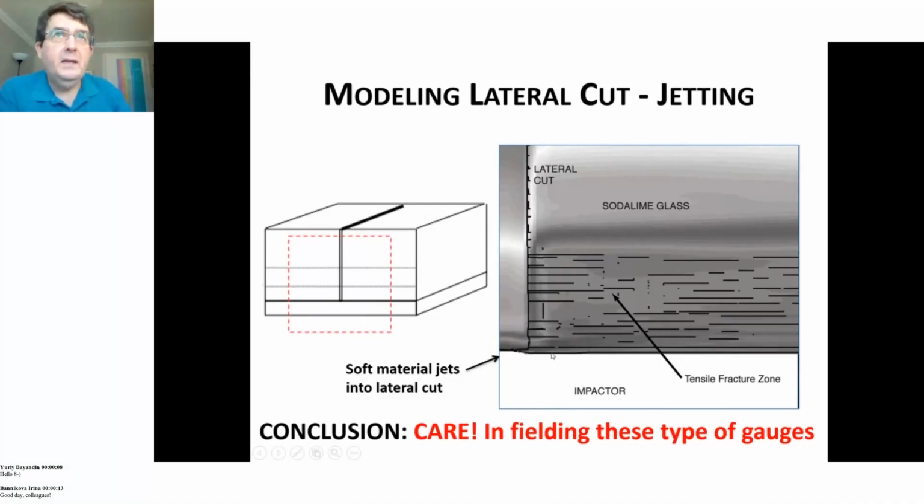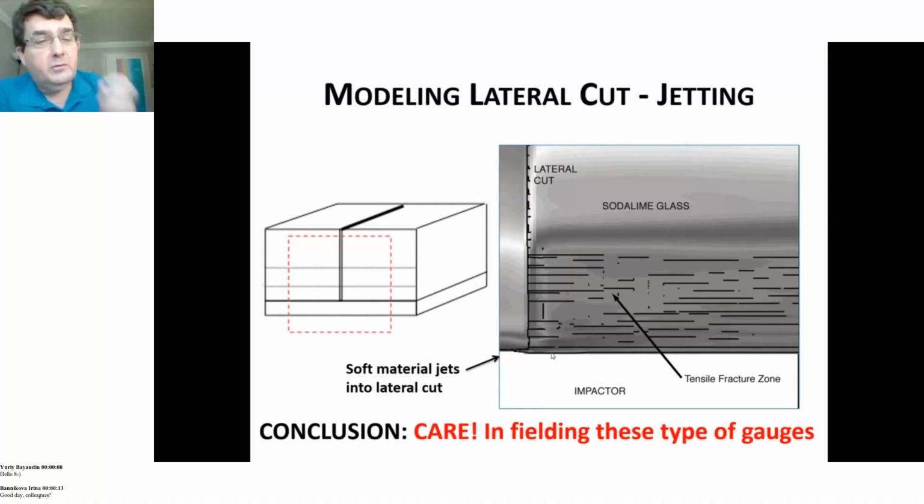What we're saying here is the geometry of the impactor, the geometry of the target, has a big effect for ceramics. You can induce a thing that looks like a failure wave, but it's not a failure wave like you see in glass. It's a failure due to extra cracking introduced by the presence of material jetting into the cut. So take care when fielding these types of gauges.